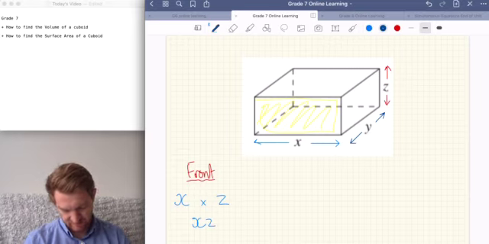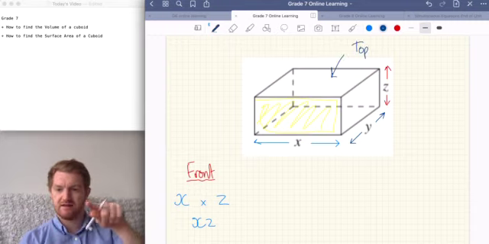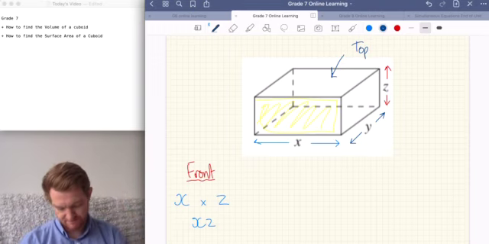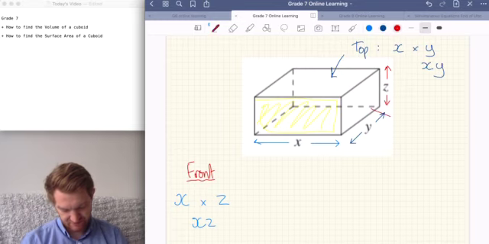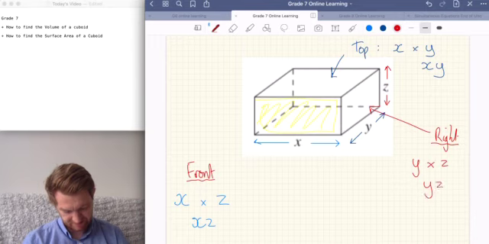We can also look at the top. Well, that's X along there, and diagonally, it's the Y. So it's XY. And finally, we've got the right-hand side here, which is Y times Z, YZ.